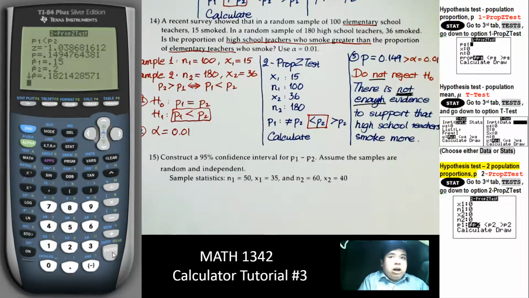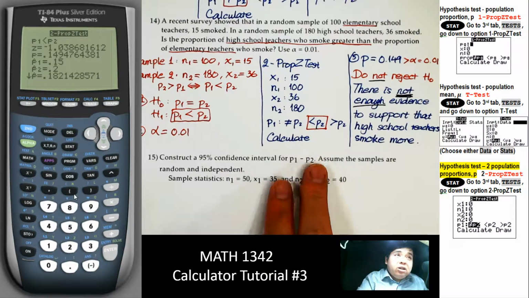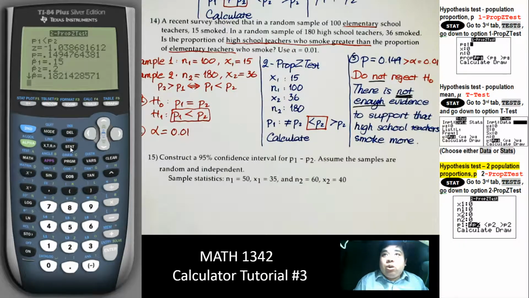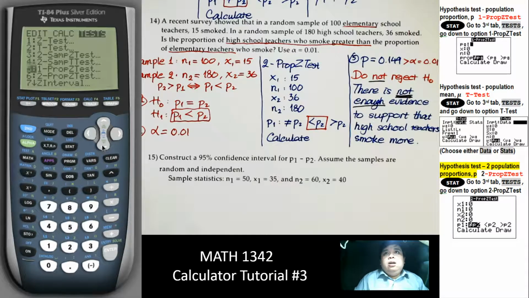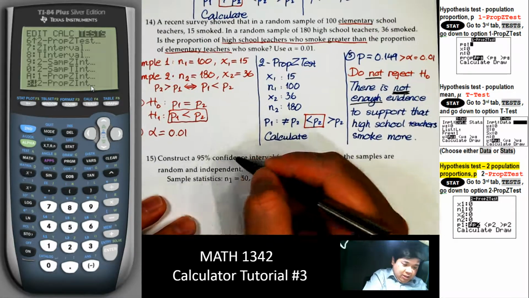Right, the last one I forgot to put the formula over there. So once again we have two proportions. So we just go to stat, two proportion z interval. This one we want the confidence interval.